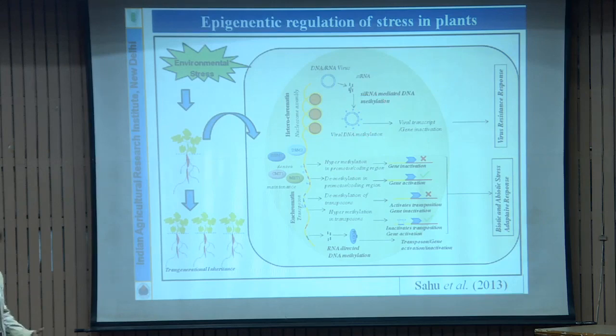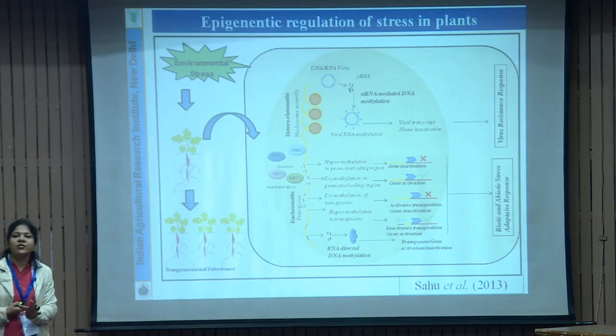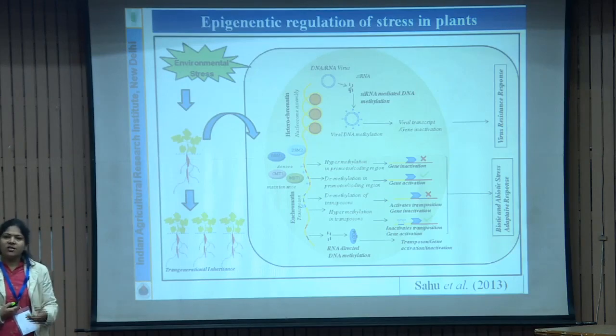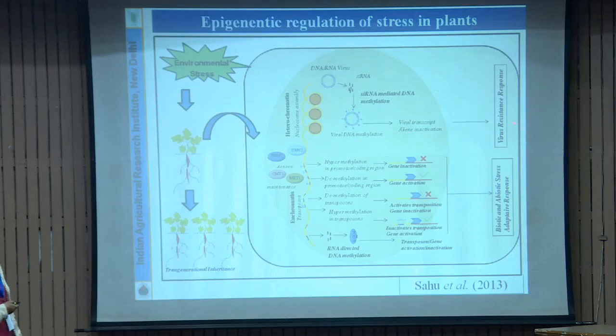As a result, that viral DNA is now methylated. Methylation in general means suppression or inactivation of the gene. So when viral DNA is methylated, it is not able to express that gene, not able to do transcription, not able to produce proteins. As a result, virus attack is reduced, the gene is inactivated, and a virus resistance response is achieved by the plant.